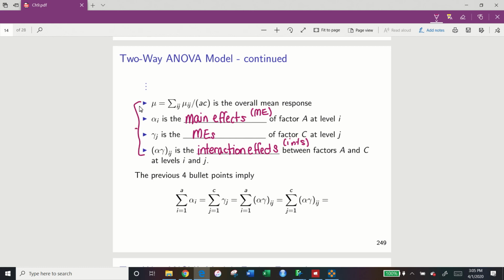Our four previous bullet points imply that the summation of i equals 1 to a of alpha i is equivalent to the summation of j equal 1 to c of gamma j, which is equal to the summation of i equals 1 to a of our interaction effect alpha times gamma ij, which is equivalent to the summation of j equals 1 to c of our interaction effect alpha times gamma ij, which is all equivalent to 0.